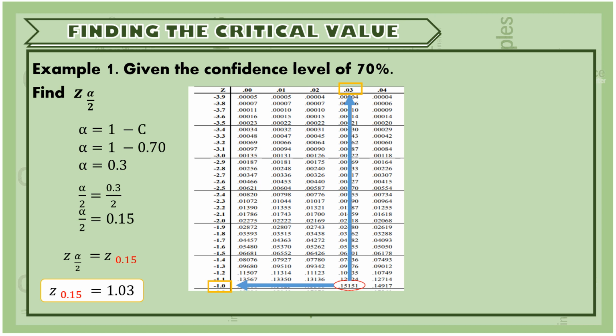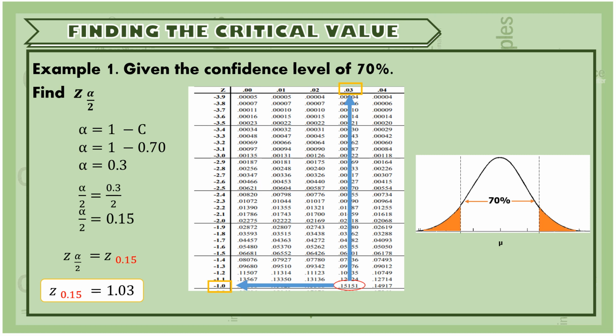Then step 6, sketch a curve by locating the population mean at the origin with the confidence level above it. The result critical value located on the upper and lower limits.